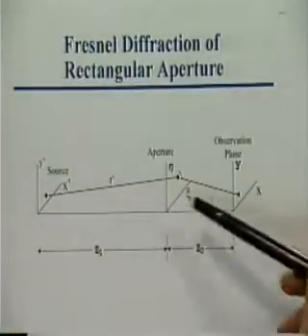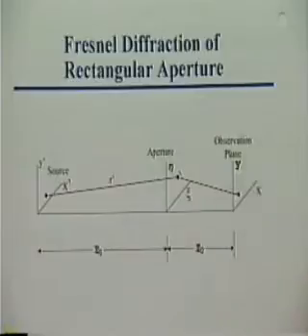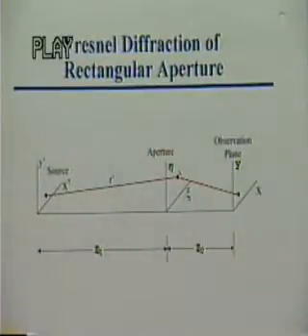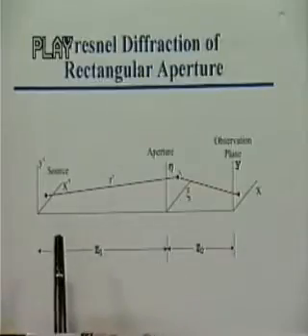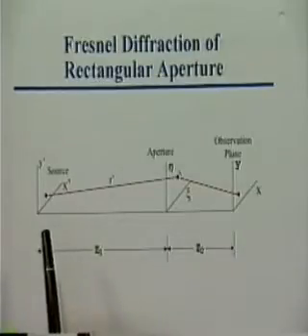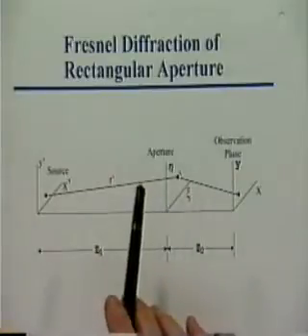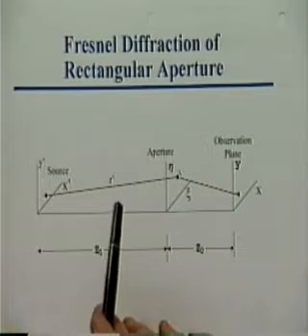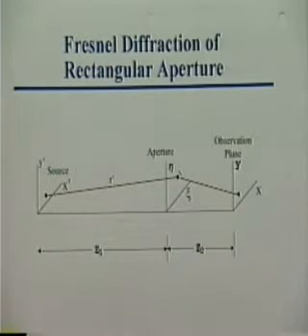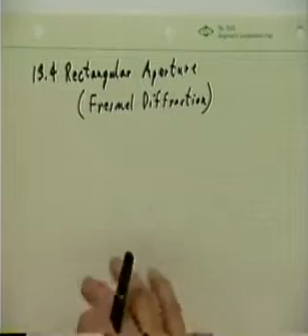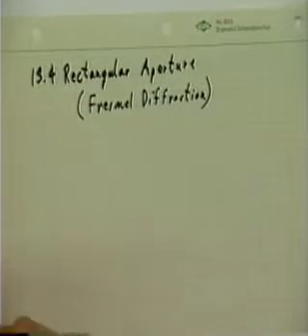And then we're going to come over here a distance z2 and look at the diffraction pattern here. So the first thing we have to do is to go through and calculate these distances here. And so we'll come back to the drawing. This gets a little messy. It's covered in a million different books.